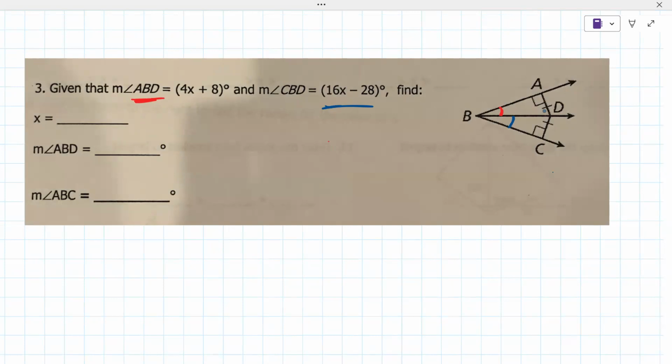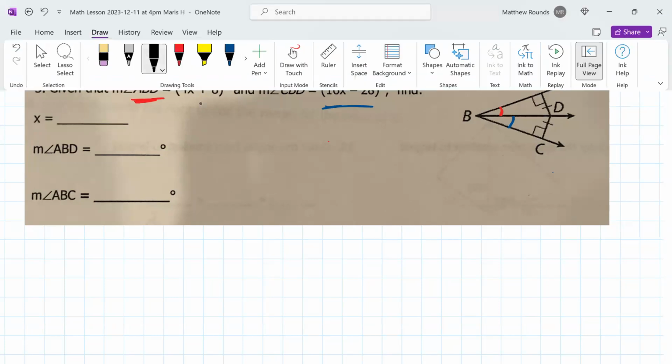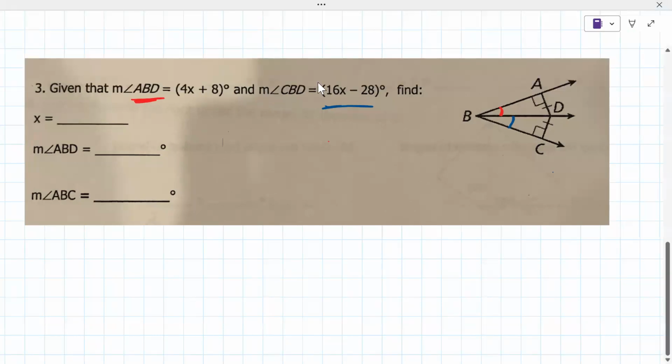Okay. What do we know about those two angles? They are congruent. They're congruent, so you can set those equations equal to each other. Could you solve that for x, please?